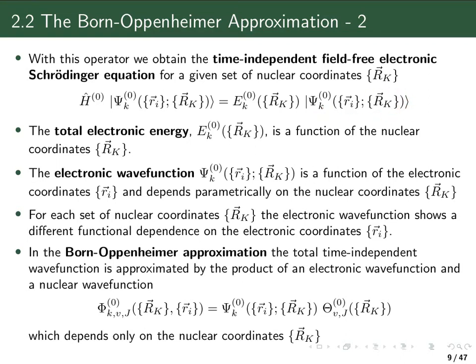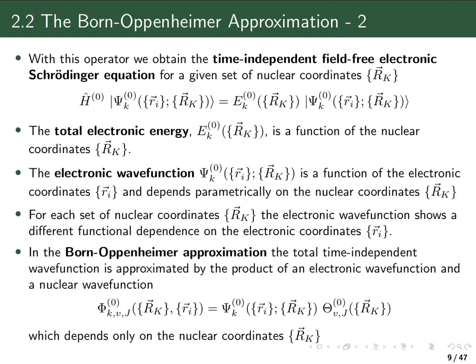The wave function itself is just a function of the positions of the electrons, but because the Hamiltonian changes when we change the nuclear coordinates, we get a different equation, and therefore we get a different value for the energy and a different wave function, which is still just a function of the electronic coordinates, but it's a different function.